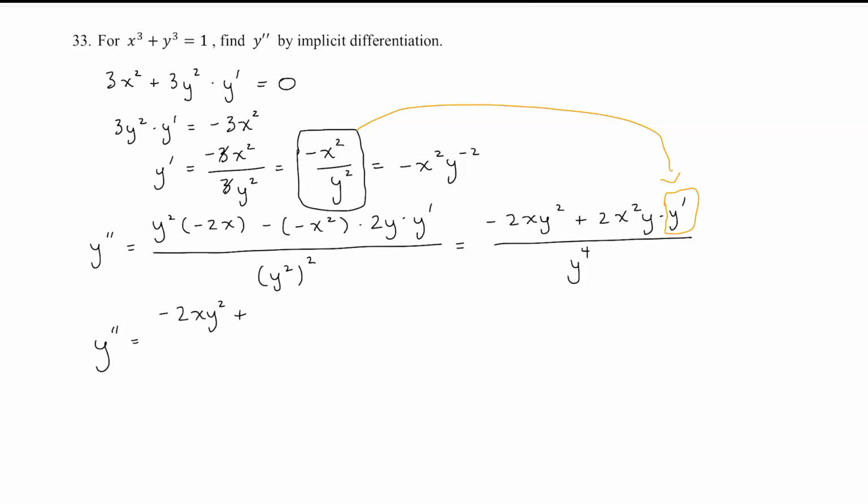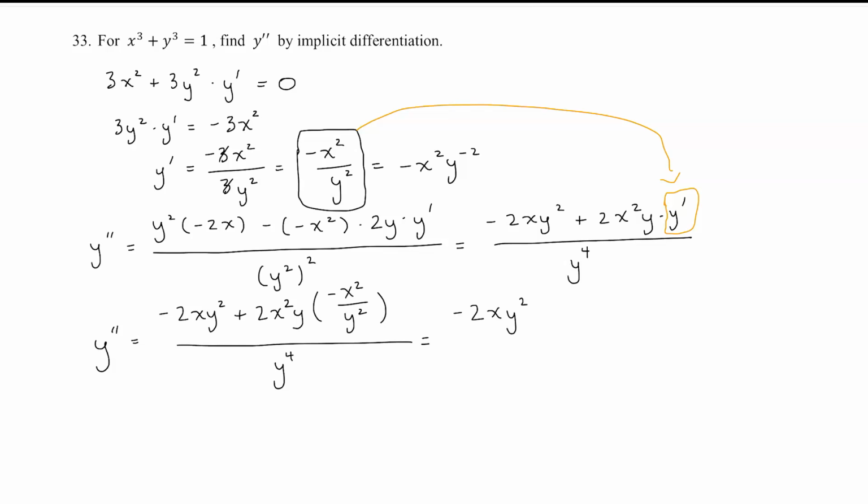So y double prime is now negative 2xy squared plus 2x squared y times negative x squared over y squared, that's y prime, all over y to the fourth. So let me see what kind of simplifying I can do with this. So I have negative 2xy squared.